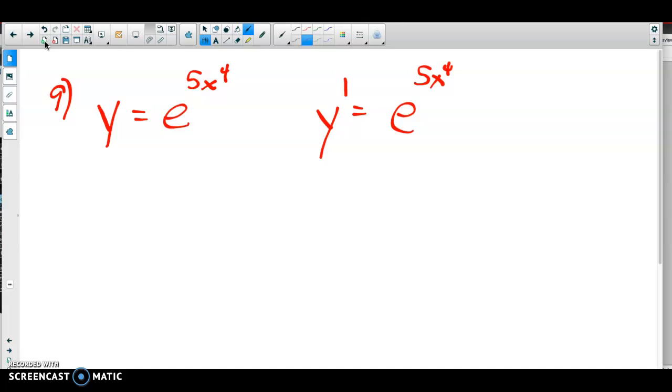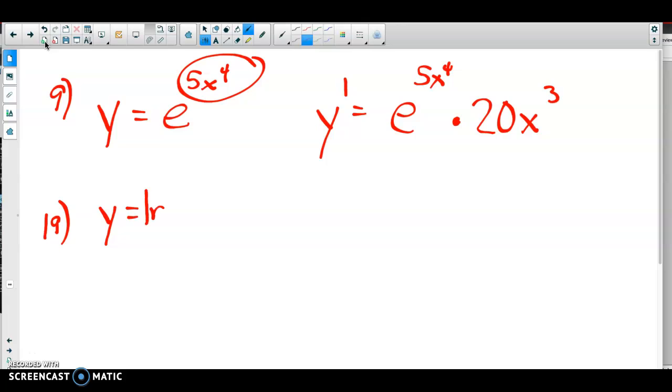The derivative of e to the something is e to the something. Then I'm going to multiply that by the derivative of the inside, which is the top. And that would be 20x to the 3rd. And I can leave that answer just like that. That's just fine.